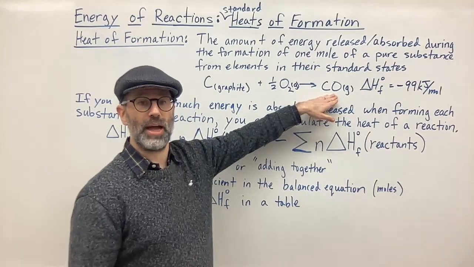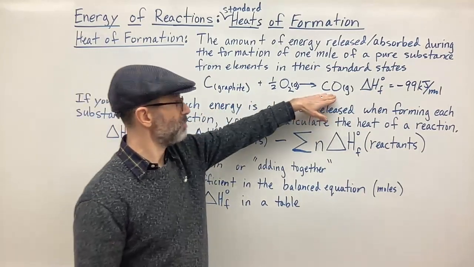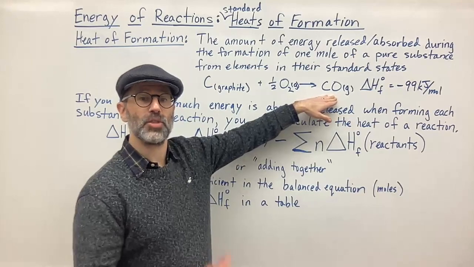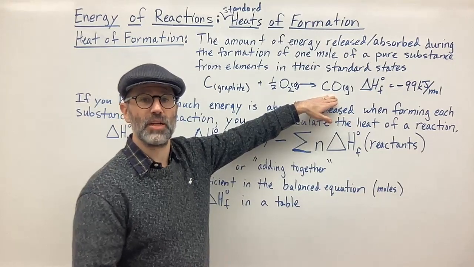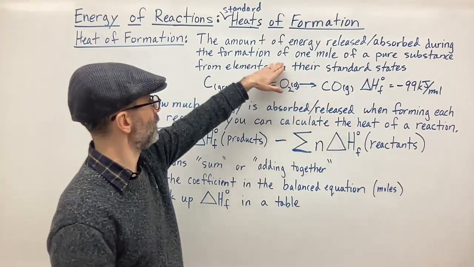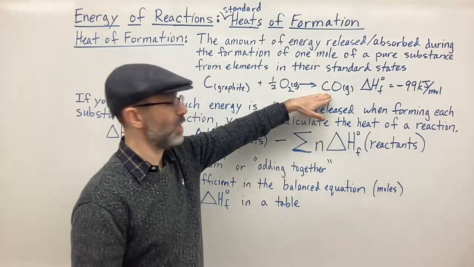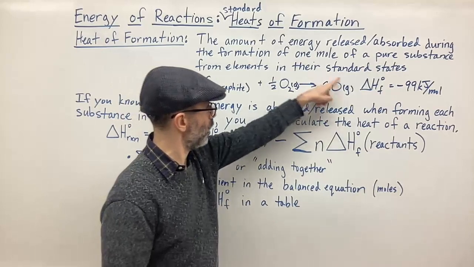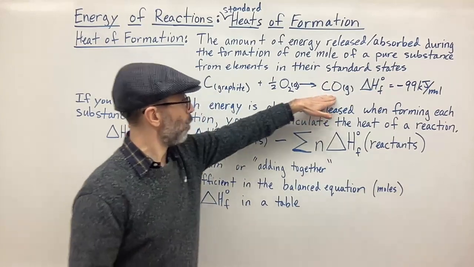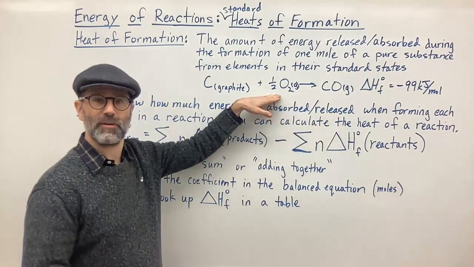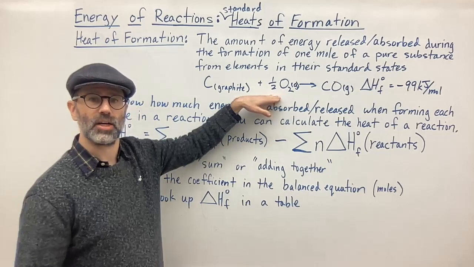In order to have the proper equation that fits with the definition, because remember, the definition is that you're forming 1 mole of the pure substance, I have 1 mole of substance. In order to have this, then I need a fraction for my coefficient.